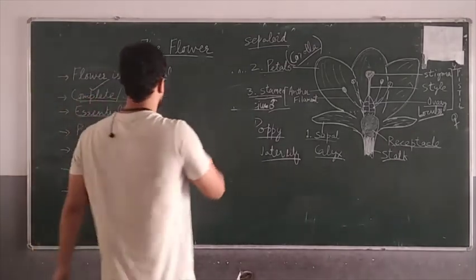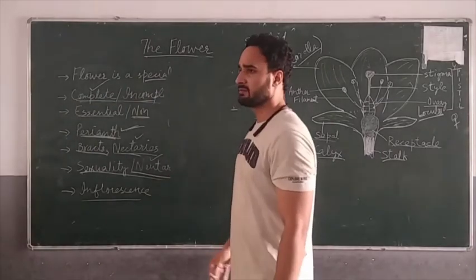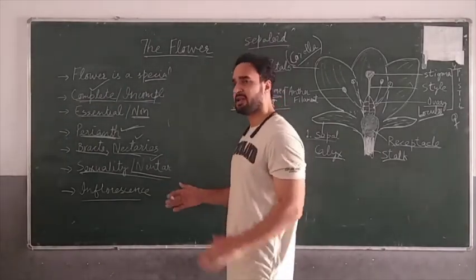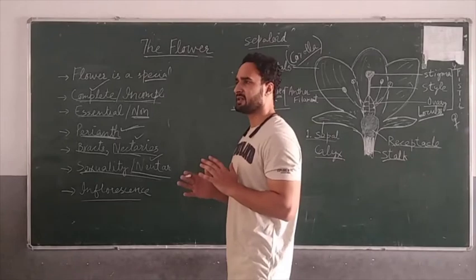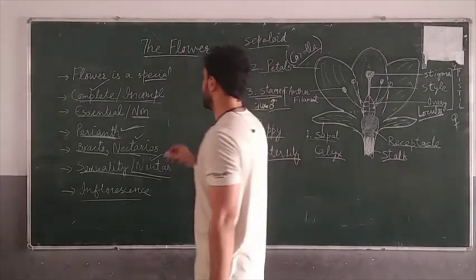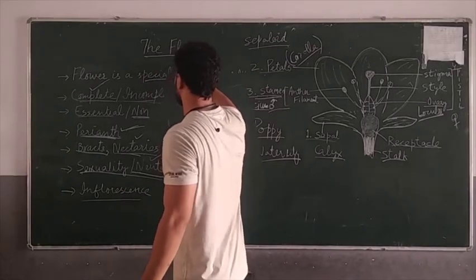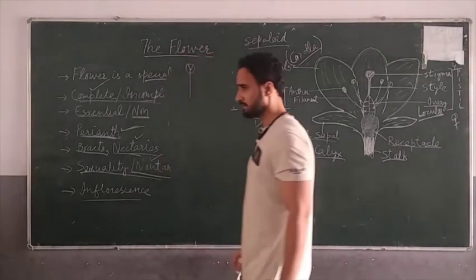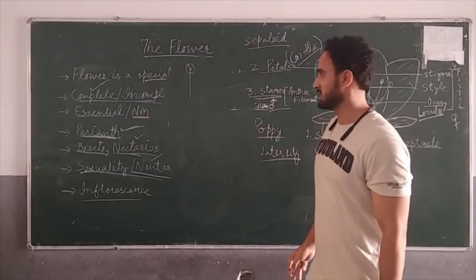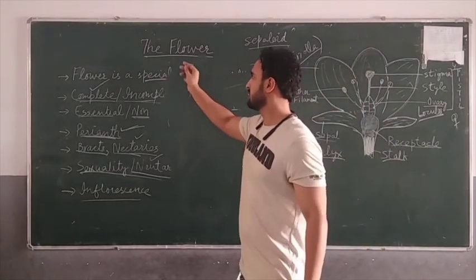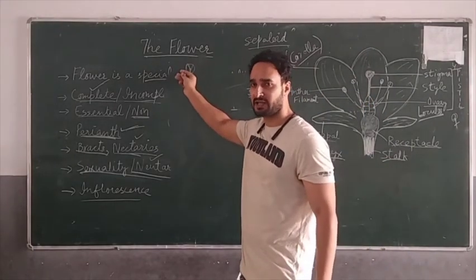There are many types of inflorescence, but we shall only study the basic ones here. In the first kind, there is only a terminal flower present at the apex of the main axis. This is the axis of the plant, and there is only one flower at the terminal apex.